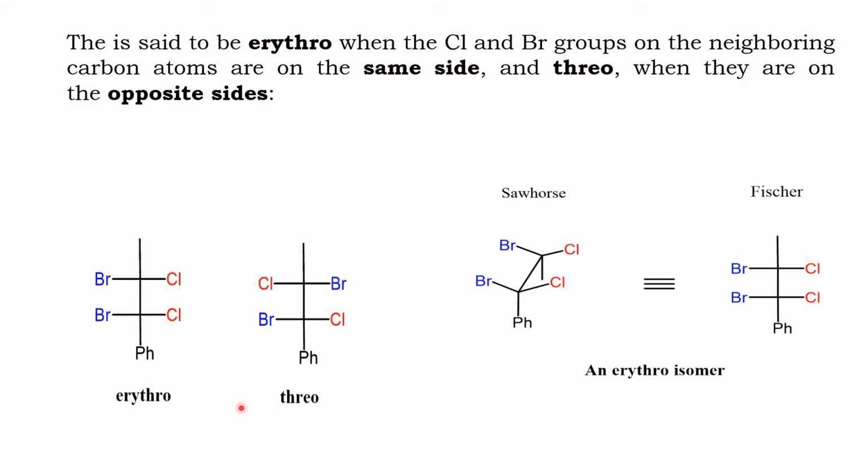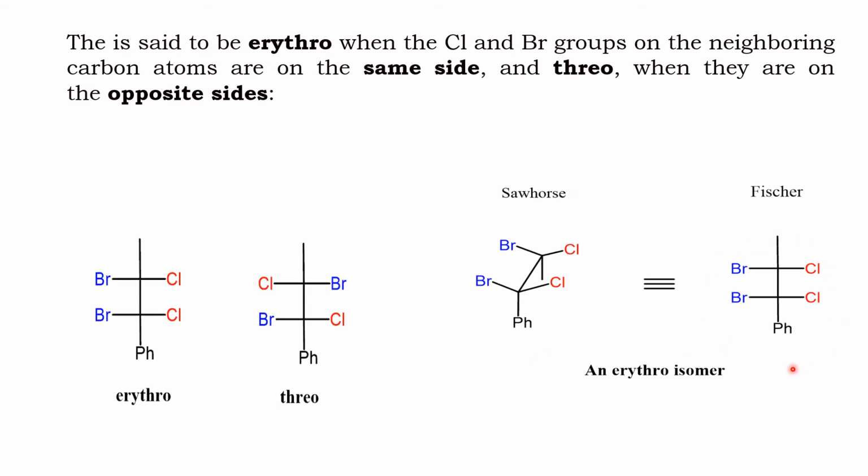You got it? Now see here, for this molecule, this is an erythro isomer. Why? Bromine is on the same side, and its Sawhorse representation. This is the Sawhorse projection formula representation for the erythro isomer.